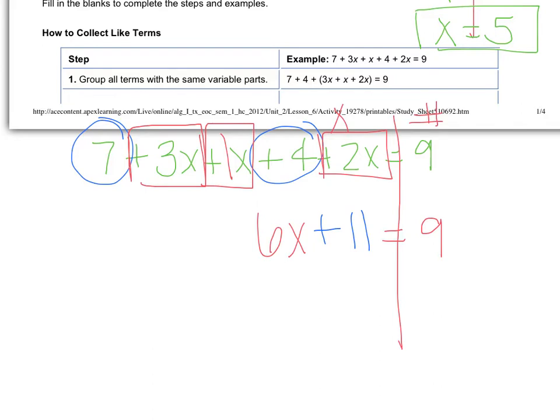Well, now this is like every other problem we've done before. So we're going to solve this, which means we want to get our x's on one side, we already labeled that, and our numbers on the other. What we're going to get rid of first is that plus 11. So we're going to minus 11 from both sides. So we end up with 6 times x equals negative 2.